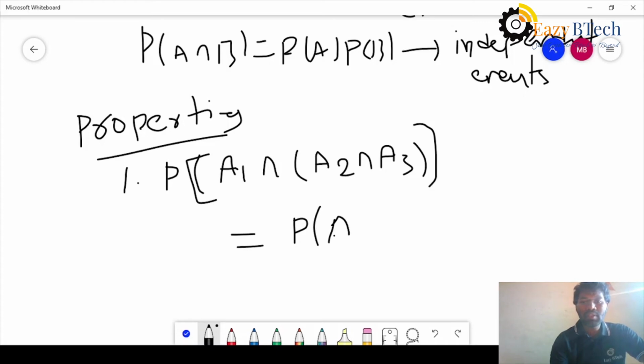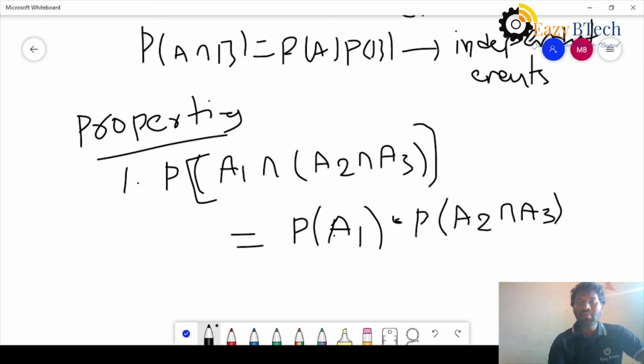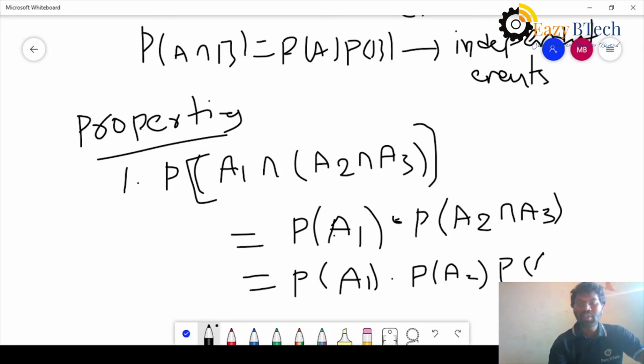Wherever you have intersection, you should make it a product: first P of A1 into P of A2 intersection A3. Afterwards remove the second intersection, then it becomes P of A1 into P of A2 into P of A3. So this is the first property of independent events.